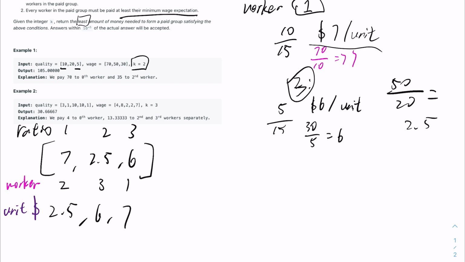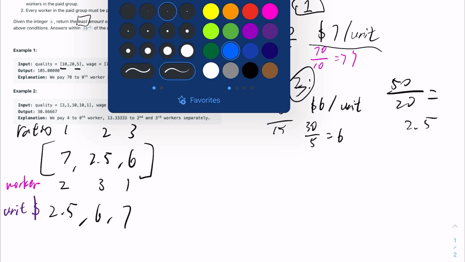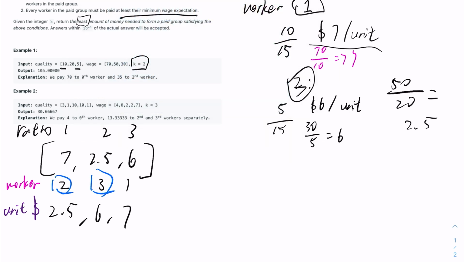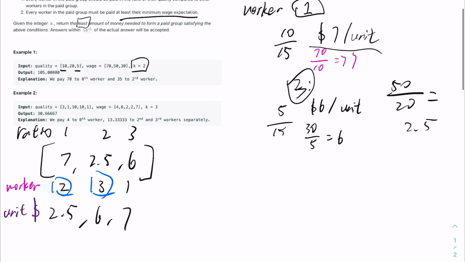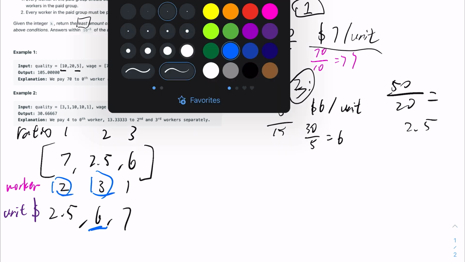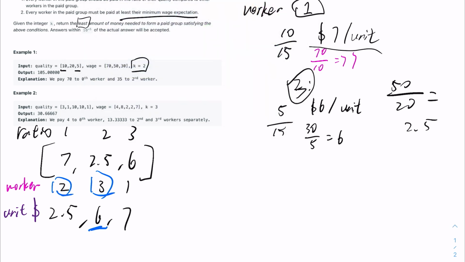How do we calculate for any two given workers? If you want to hire workers 2 and 3, how do we calculate how much money we need? First, we need to find the bigger of the unit price, and then we do need the third column, which is quality.